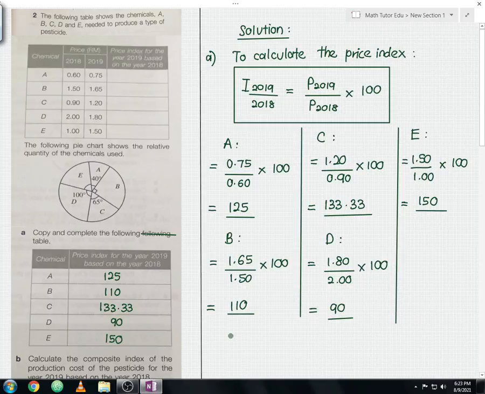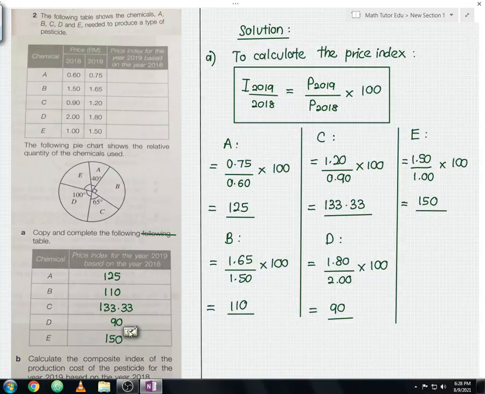So let us proceed with our discussion for question part B now. For question part B, we are required to calculate the composite index of the year 2019 based on the year 2018. As you can see, for question part A, we have already calculated all the price indices. So using this information, we are going to calculate the composite index.